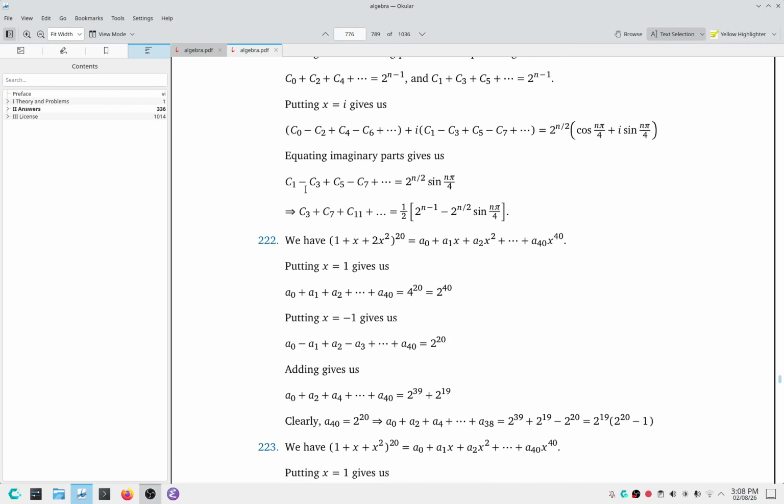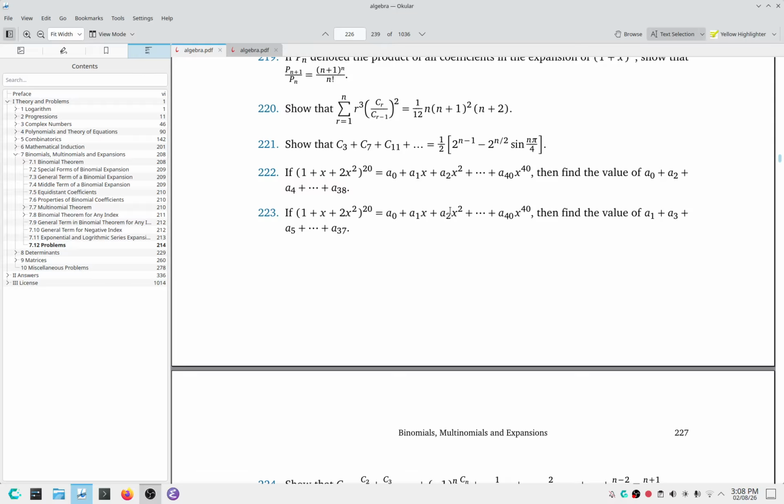Equating the imaginary part, we get C1 minus C3 plus C5 minus C7 and so on is equal to 2 to the power n upon 2 sine n pi by 4, which implies that C3 plus C7 plus C11 is equal to 1 by 2 times 2 to the power n minus 1 minus 2 to the power n by 2 sine n pi by 4.